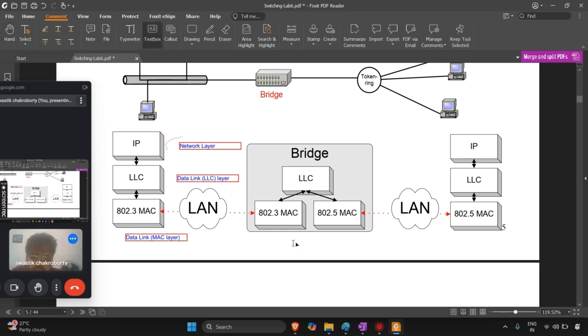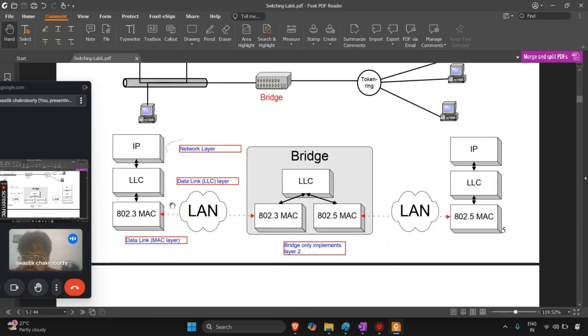Another important part is that bridge only implements layer 2. Now if bridge only implements layer 2, then they have LLC in that and MAC in that. So 802.3 is one LAN network, and another LAN network is 802.5.